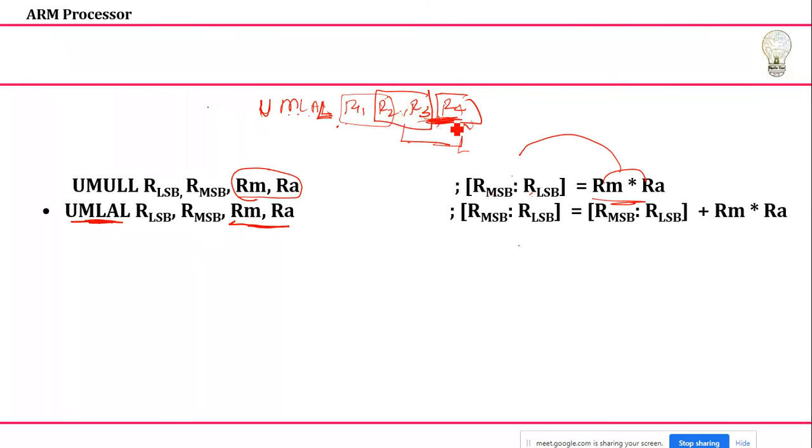If you have values in these two, they will be added with this product and stored. Remember, that is what I am explaining. So RM and RS will be multiplied and added with your LSB value as well as my MSB value respectively. Okay.